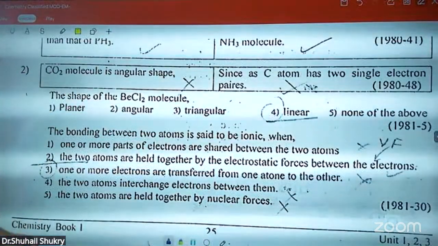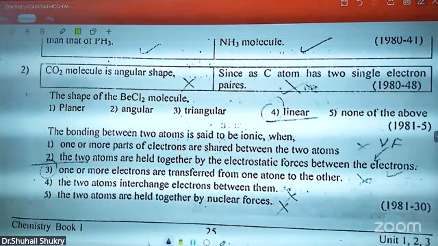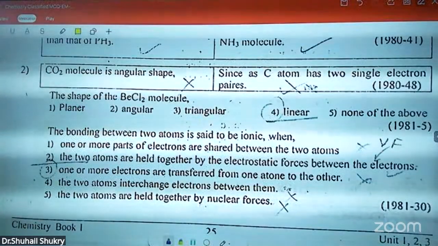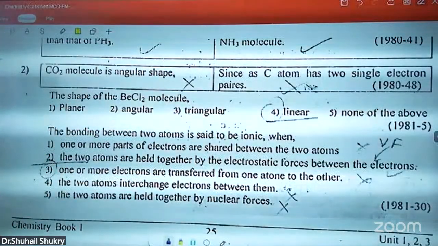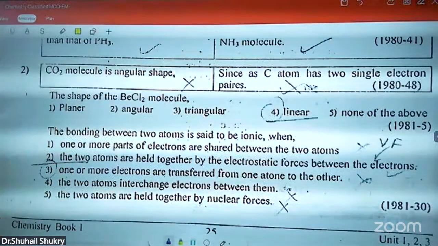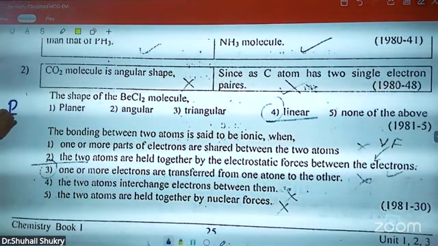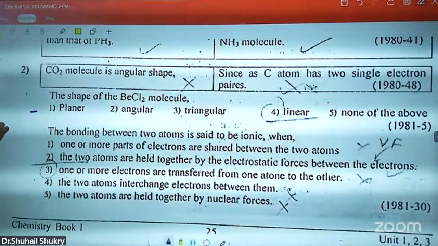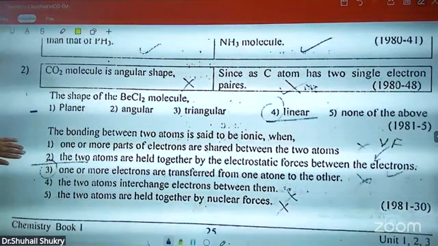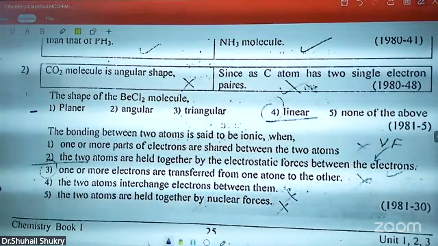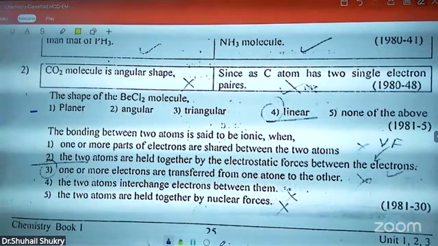Now see this. This is a direct question from 1981. I think you haven't thought about coming to Earth at this time, right? Then there is this BeCl2 molecule, we already drew both. How do you get Be?